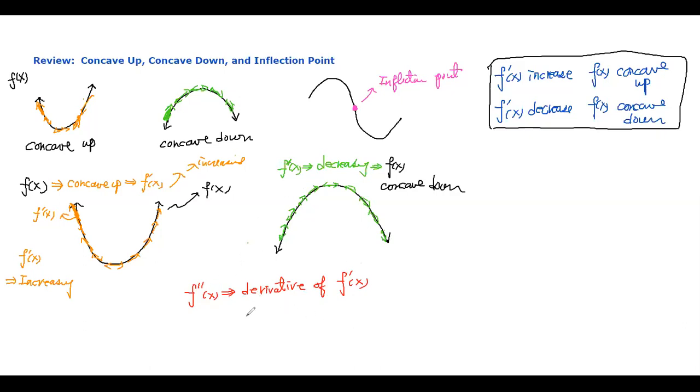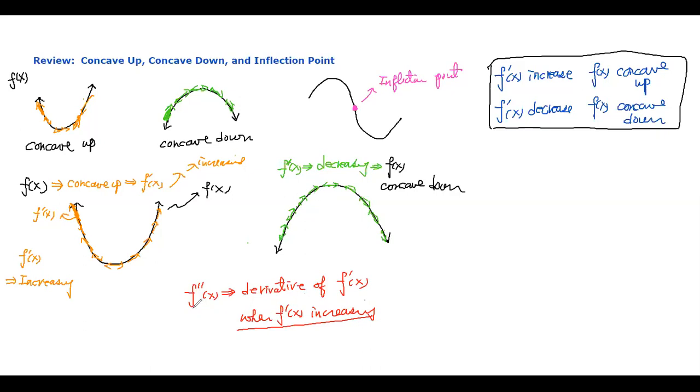So when the first derivative f prime x is increasing, from the previous video, we know if f of x is increasing, then the first derivative is positive, right?